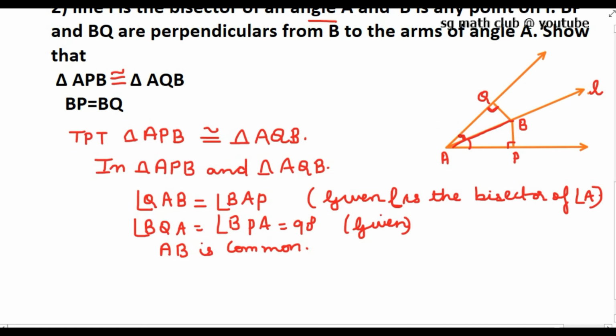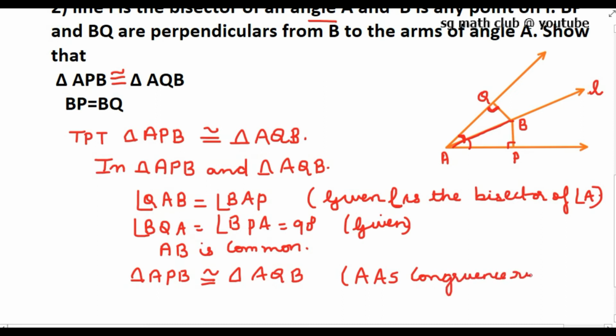You can see two angles and one side, and the side is not included. So I can say triangle APB is congruent to triangle AQB by AAS congruence rule, because the side is not included between these angles.